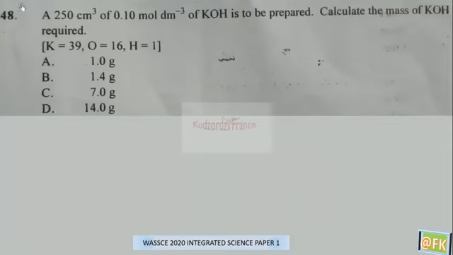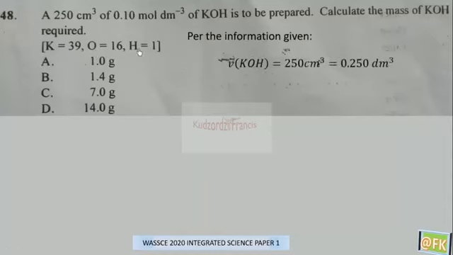Question 48. A 215 centimeters cube of 0.10 mole per decimeter cube of potassium hydroxide is to be prepared. Calculate the mass of potassium hydroxide required. So from the question, we know the volume and the concentration.